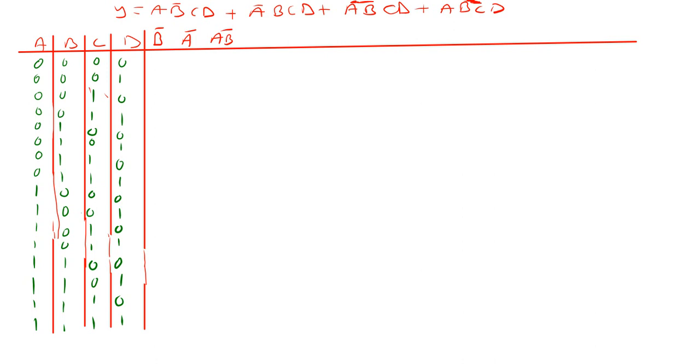The major terms that we have to make extra columns for are those: B, A, then another one for BC. So let me have these rows.